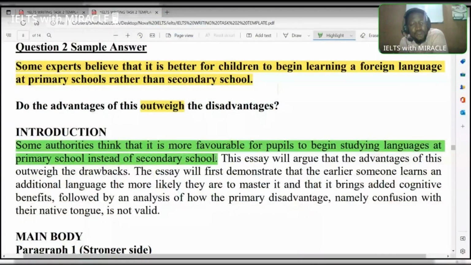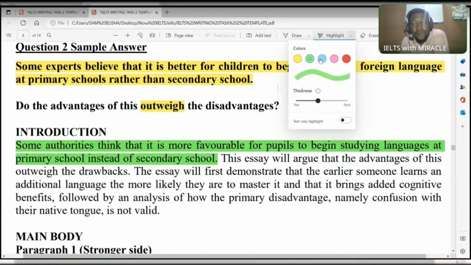Some authorities think that it is more favorable for pupils to begin studying languages at primary school instead of secondary school. That is the paraphrase.